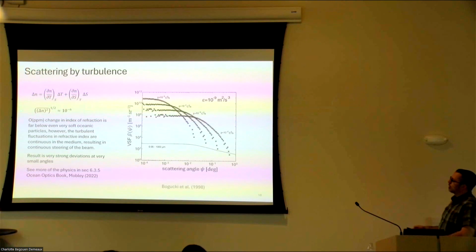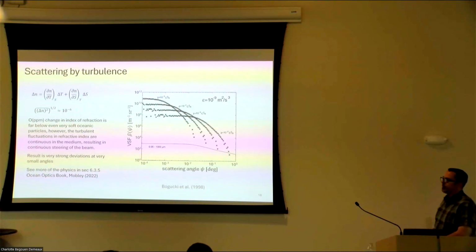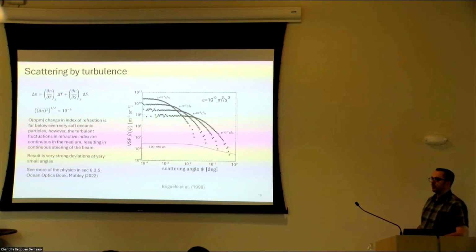And his argument comes out with the magnitude of the change of the index of refraction being about 10 to the -6, so ppm scale, which is way lower than the index of refraction of phytoplankton, which is a few percent.